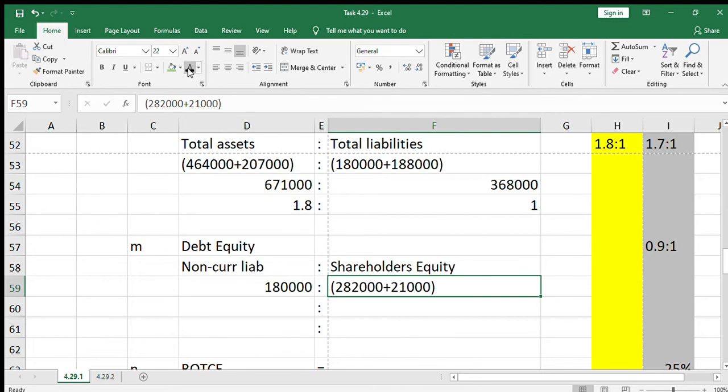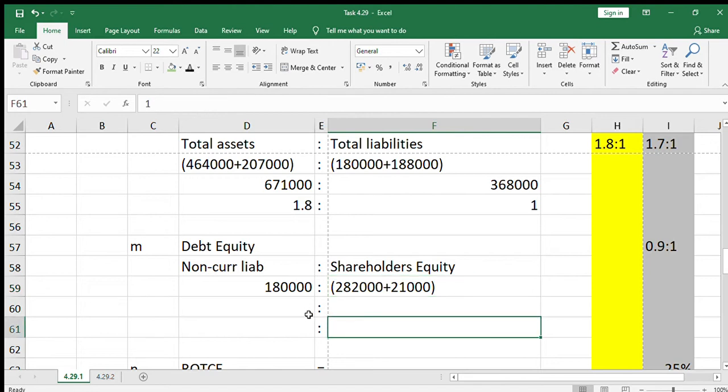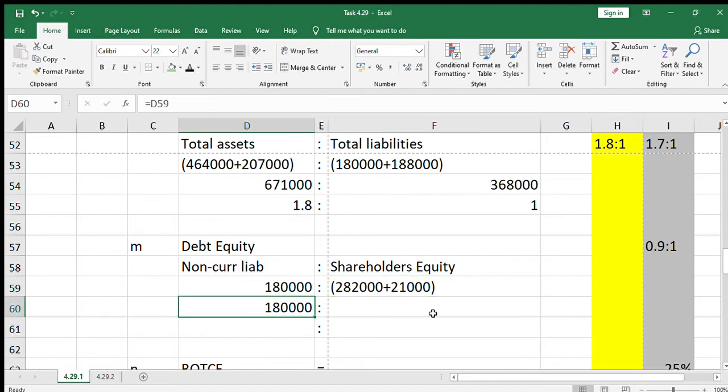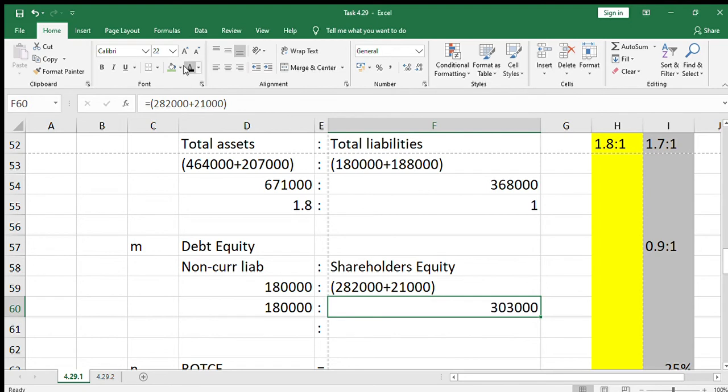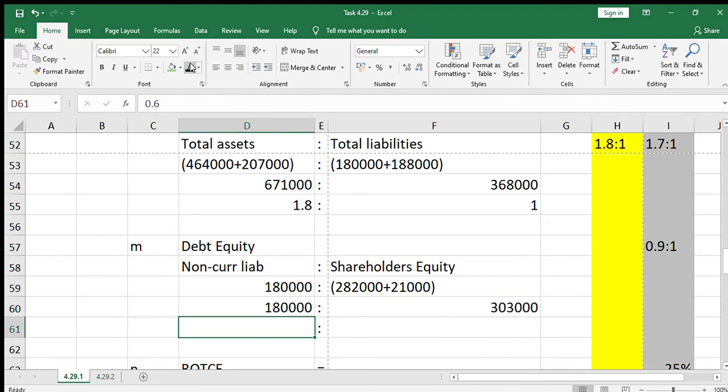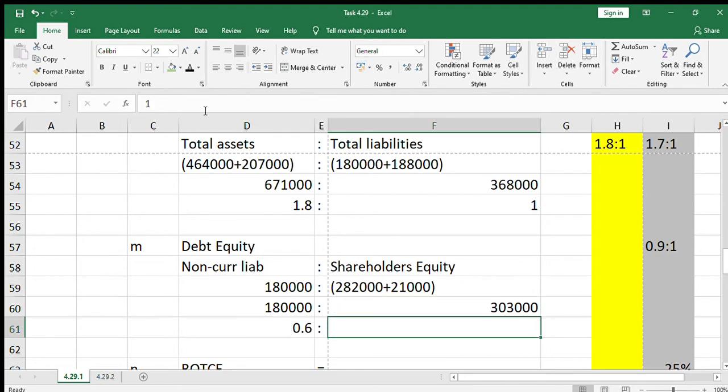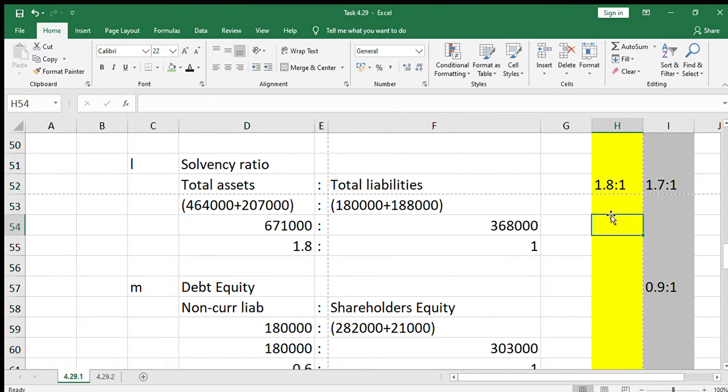So 282,000 plus 21,000. Just going to then calculate it, and then we're going to work out our ratio. Remember to make the right hand side become 1. Okay, so we've got our answer here. It's 0.6:1.